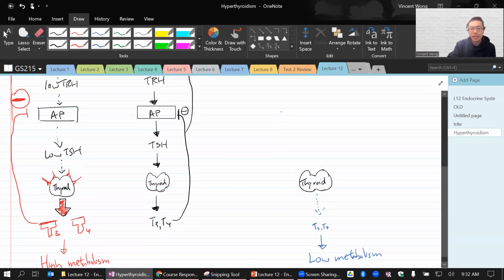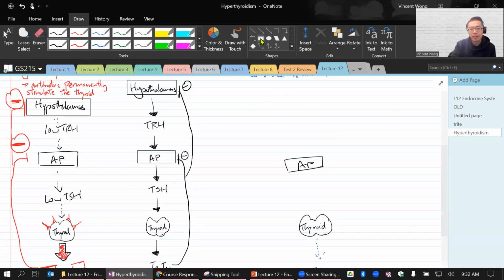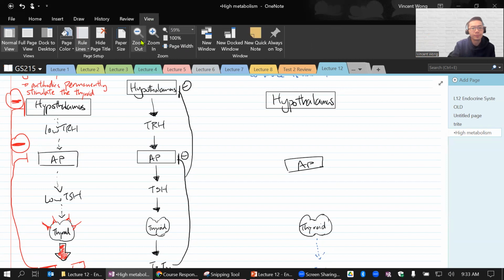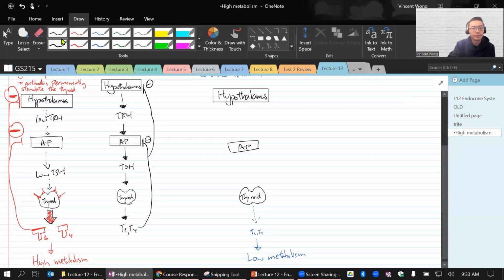Now, what's going to happen at the AP here and at the hypothalamus? What's going on here? Are they going to be more stimulated than usual, or understimulated? Understimulated.